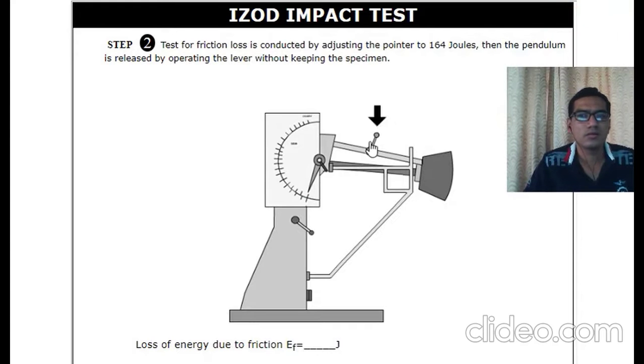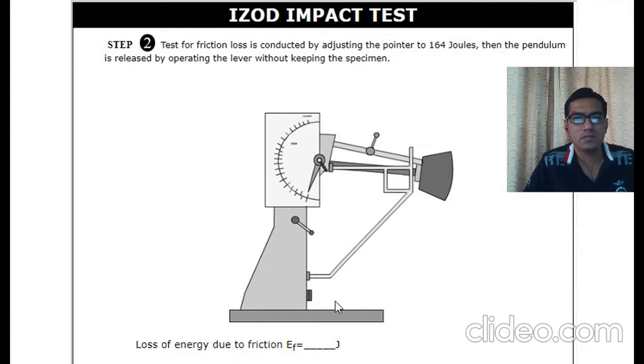Next we have to follow the next step. The test for friction loss is conducted by adjusting the pointer to 164 joule. Then the pendulum is released by operating the lever without keeping the specimen.